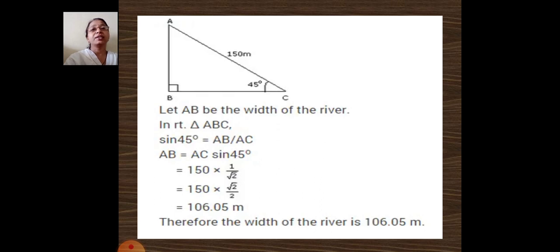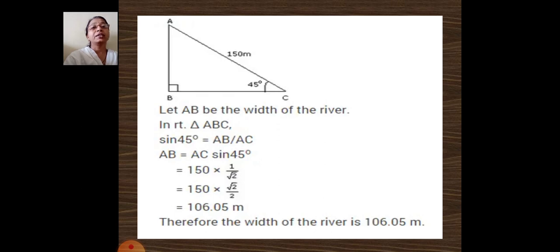So in right angle triangle ABC, again we have to find the width AB. So sine of 45, because the opposite side you have to calculate and the hypotenuse is given. So opposite upon hypotenuse is sine ratio. So take sine of 45 degree, which is AB upon AC, cross multiply, substitute the value of AC as 150 into sine 45, which is 1 by root 2.